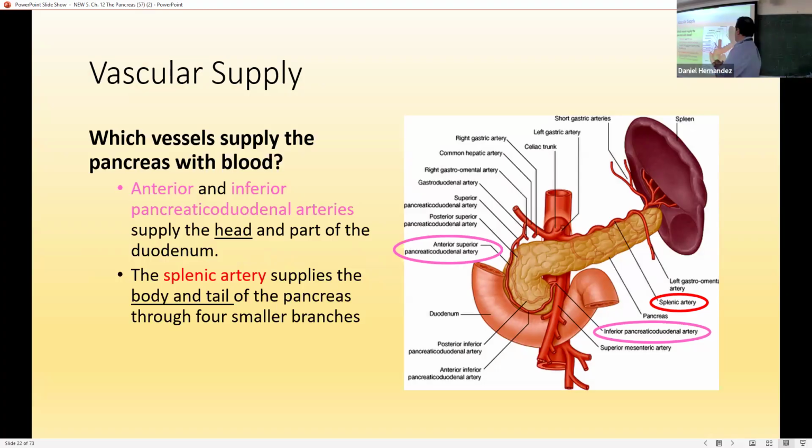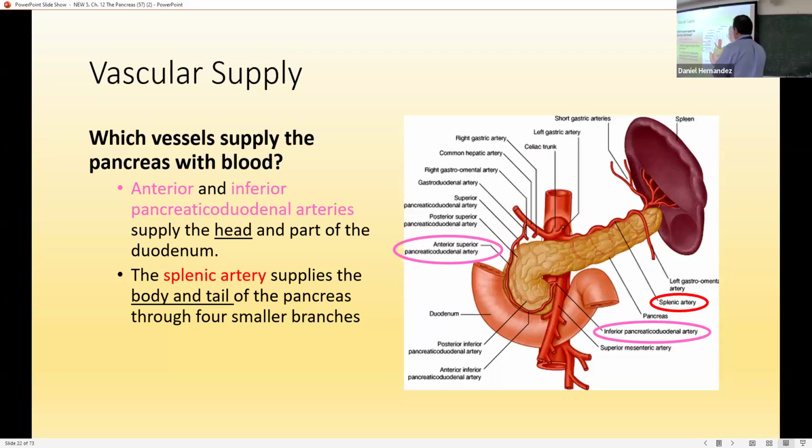Vascular supply. In terms of vascular supply, there are a couple of vessels involved that are branches off of the celiac axis. So coming off the celiac axis, we also have an anterior and inferior pancreaticoduodenal arteries that supply the head and part of the duodenum.